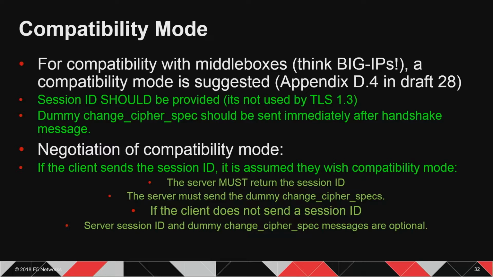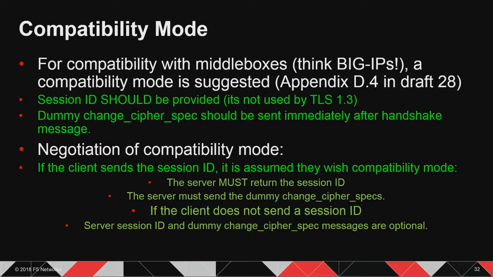The change cipher spec, most implementations are sending a change cipher spec, even though it doesn't do anything in TLS 1.3, because of middle boxes. This is something called compatibility mode in TLS 1.3, and if the client sends a session ID in its packet, the server implementation is supposed to do compatibility mode, because we're trying to get around some broken middle boxes.